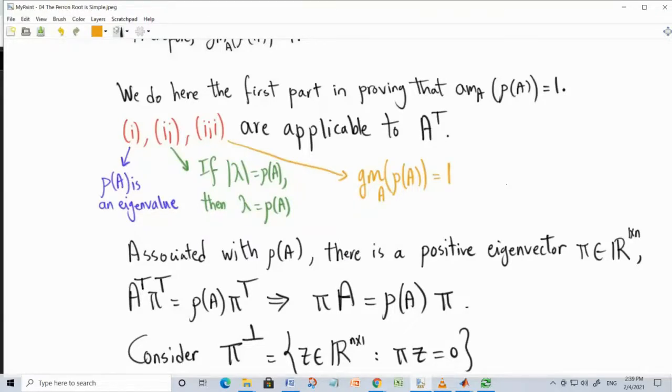Now, a comment. Suppose that you talk about matrix A transpose. If you have a matrix with strictly positive elements, then its transpose has strictly positive elements, right? So everything that I said about A is applicable to A transpose. And what is the relationship between the eigenvalues of a matrix and its transpose?